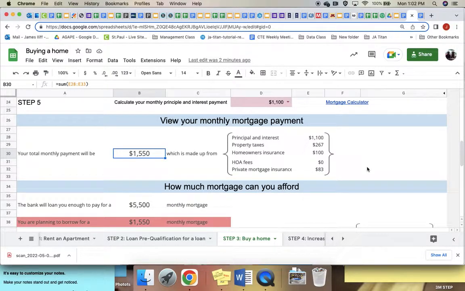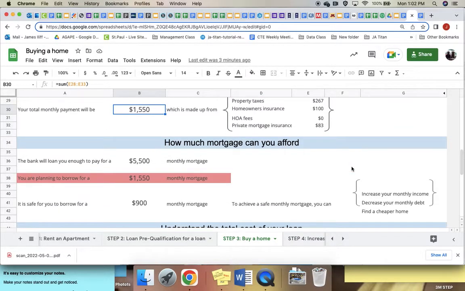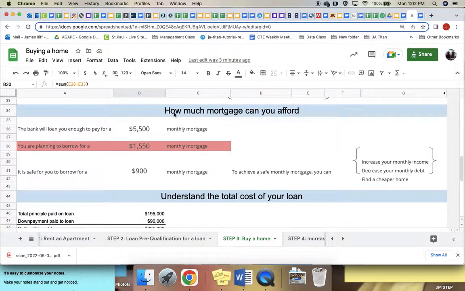I didn't learn this until I was like 35, and students in high school are going to be able to learn this. It's going to show them, currently you are trying to buy a house with a monthly mortgage of $1,500. The bank will loan you enough to get a house for $5,500 a month.